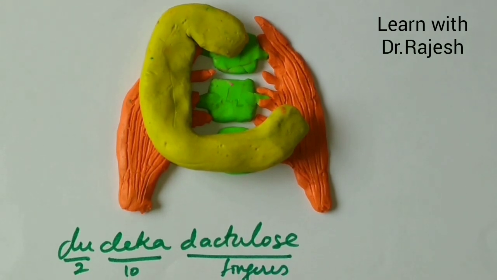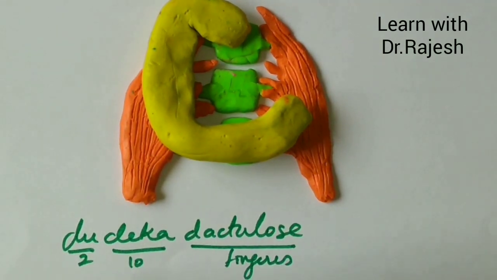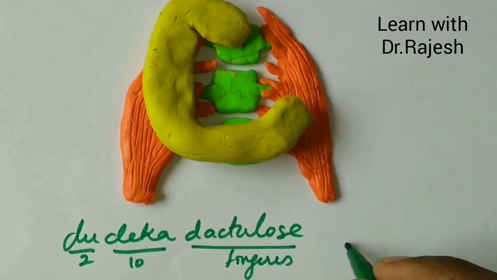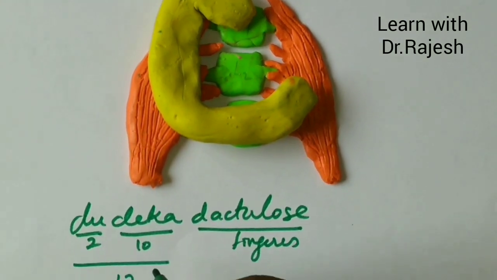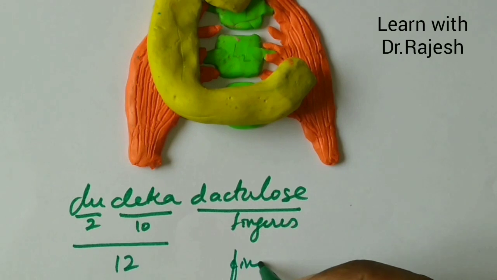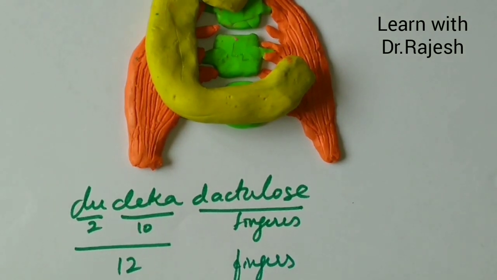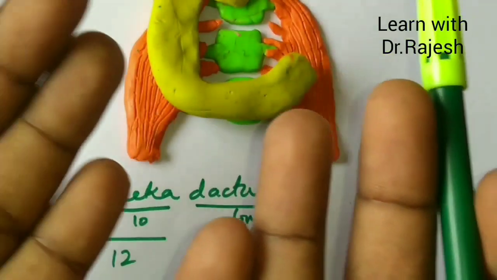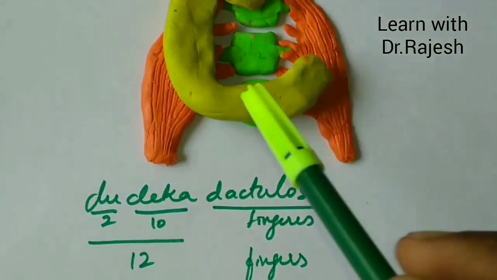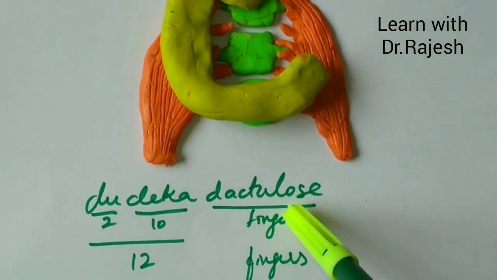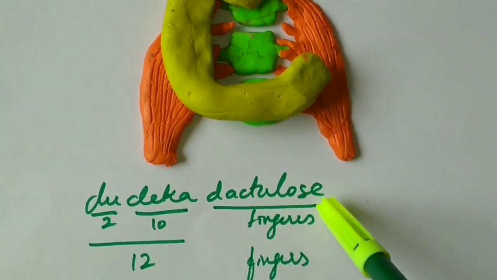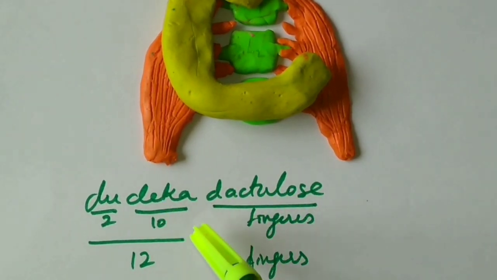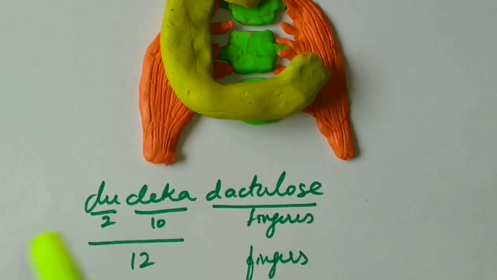So the meaning of duodecadactylos is 12 fingers. The total length of the duodenum is approximately 12 finger widths. That's why it is called duodecadactylos, and duodenum is derived from this Greek word.